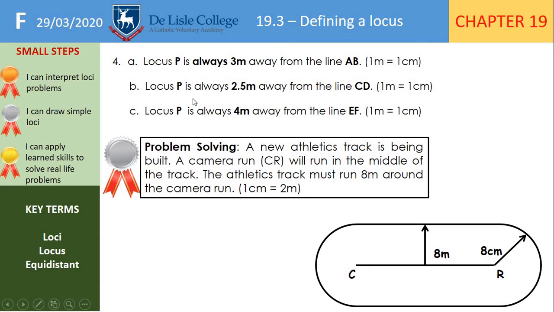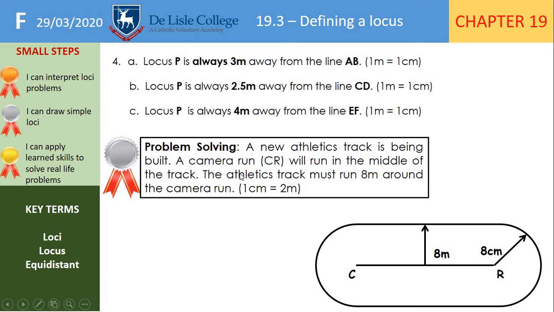So two parallel lines, one above and one below, and then two semicircles of radius 3 centimeters at either end. Very similar question in question 2, except this time the distance is going to be 2.5 meters, so therefore 2.5 centimeters. And then in question C we have 4 meters, so therefore a 4 centimeter loci around the line EF.